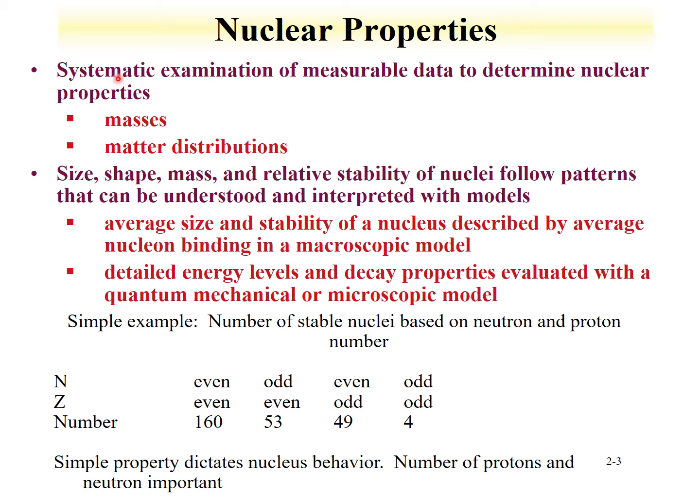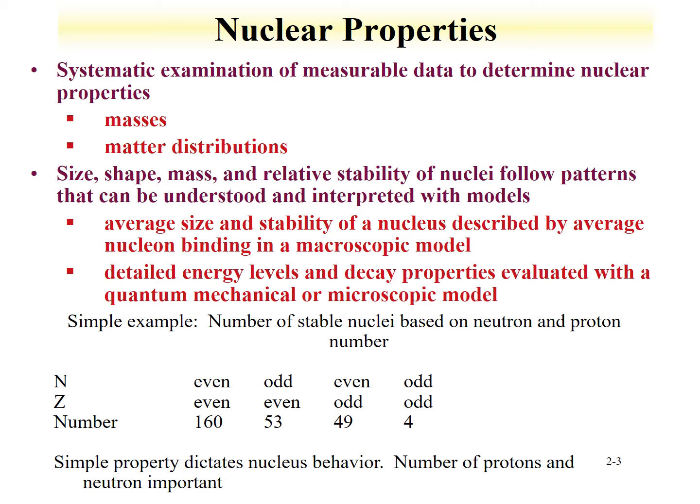So we'll look at masses and how those change systematically, and then we'll talk about distribution of matter, and what that really means is density within the nucleus, and we'll discuss those terms and how they're derived. So fundamentally, size, shape, mass, and stability of nuclei follow patterns that can be understood.